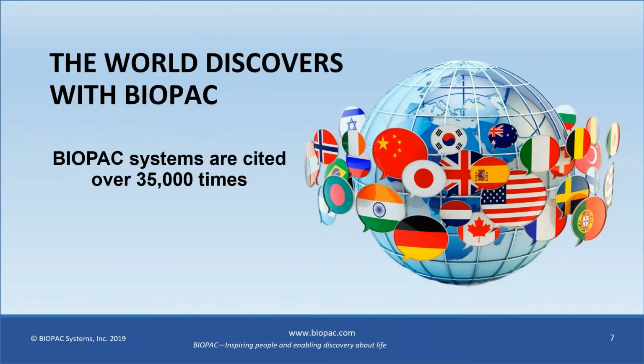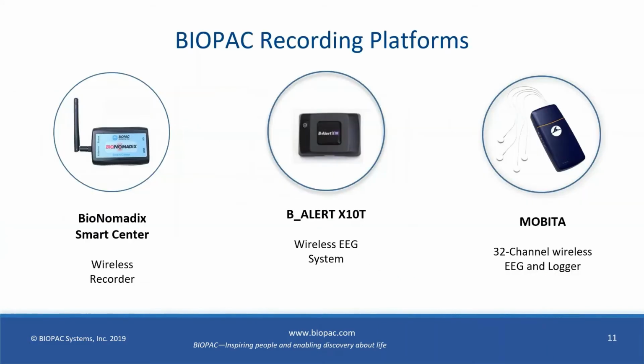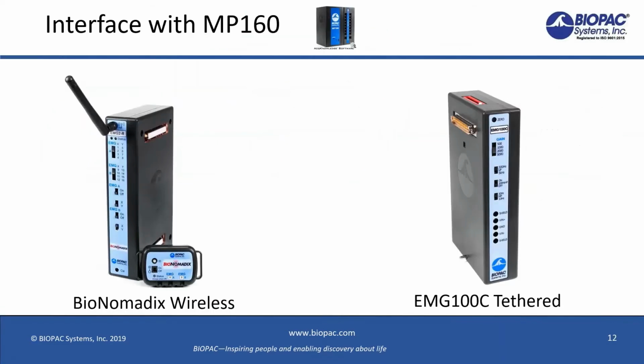We've been cited over 35,000 times, and the BIOPAC Student Lab System is ranked #1 for physiology experiments, the Smart Sensor, the B-Alert X10, and also the Mobita 32-channel biopotential system. So it doesn't matter what platform you're running, it's very easy to combine with the eye tracking system.